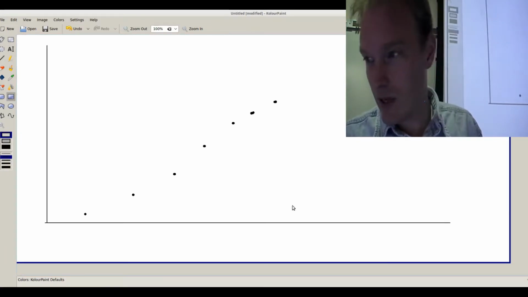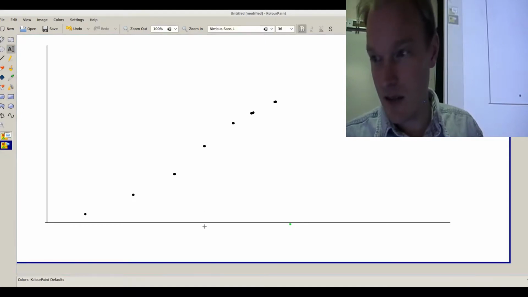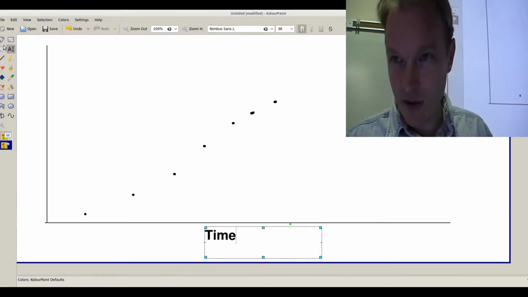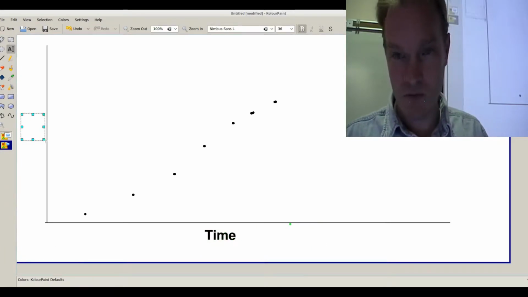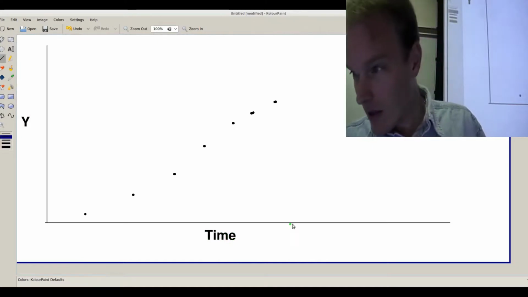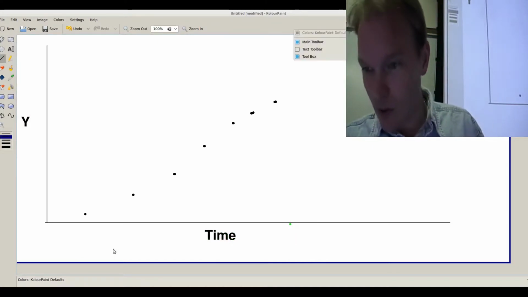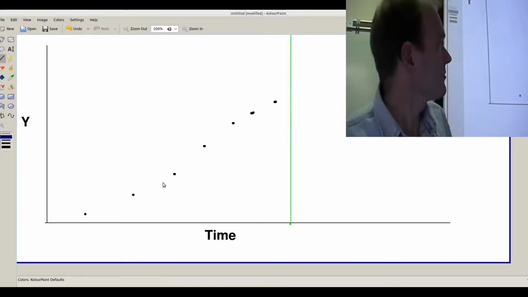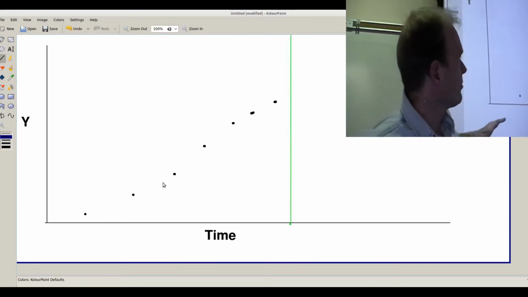Let's suppose that the horizontal axis is time, and the vertical axis is y, whatever the heck y means. And I want to know, indicate green to mean right now. And I'd really like to predict the future.